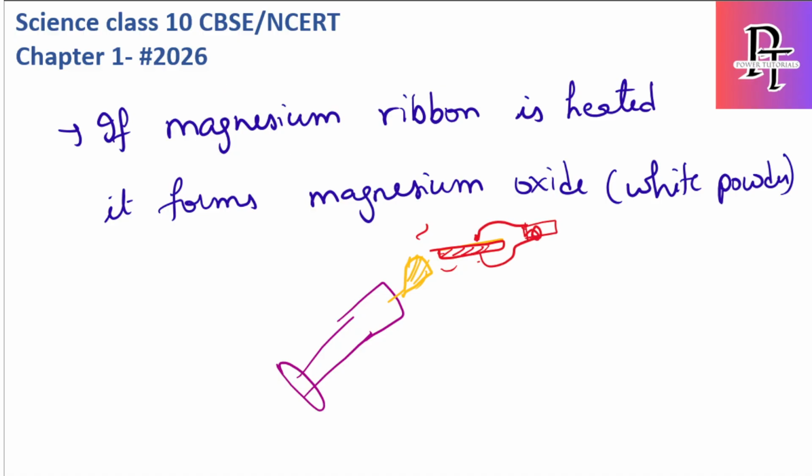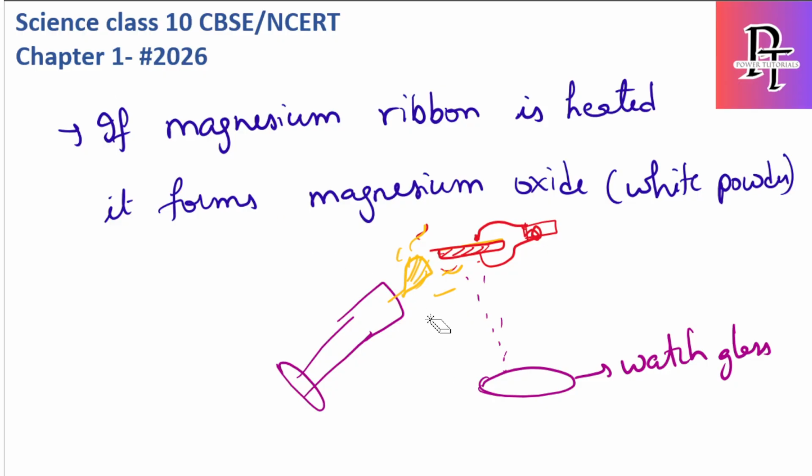Due to the heat of the flame, the magnesium ribbon gets heated up and magnesium oxide will be formed, which will fall down. So I will use a watch glass here. This will burn and fall here.